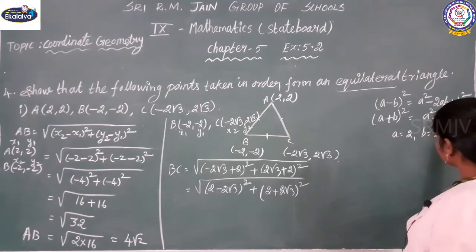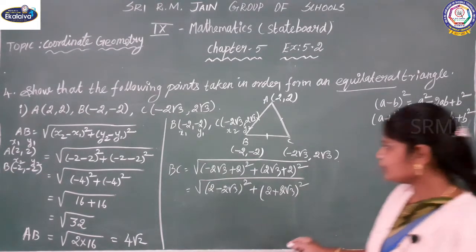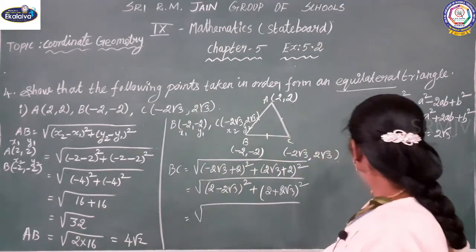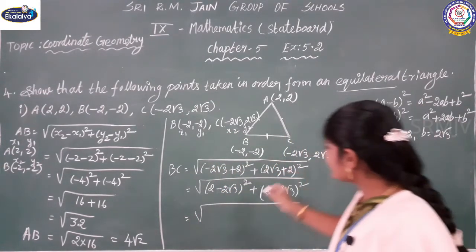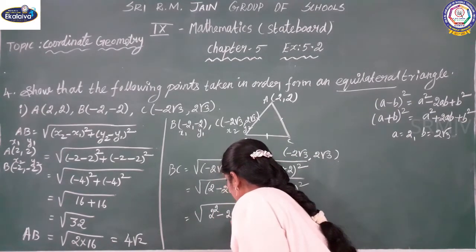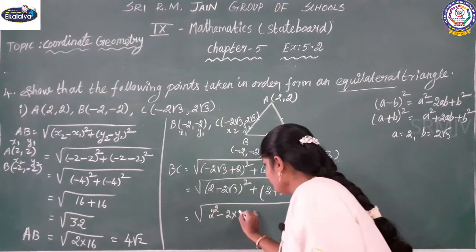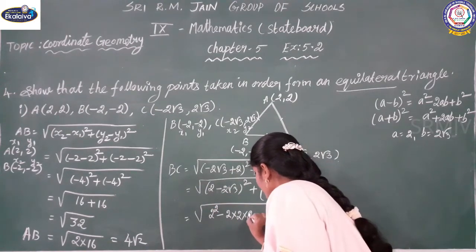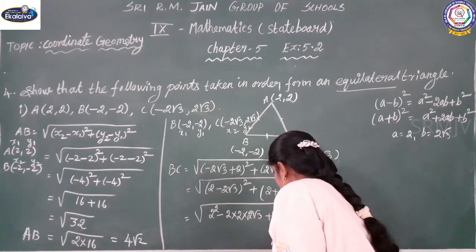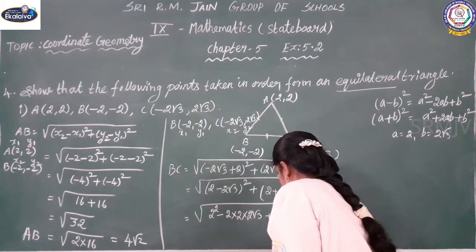Okay children, so I am going to substitute here. Root of, here a equals 2. So first a square, 2 square, minus 2 into a value 2, b value 2 root 3, plus b square, 2 root 3 the whole square.